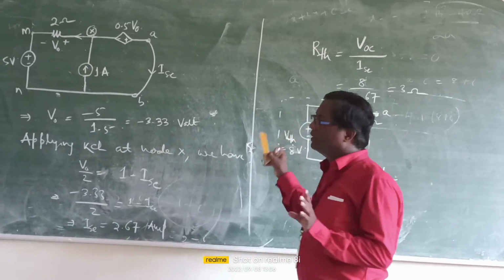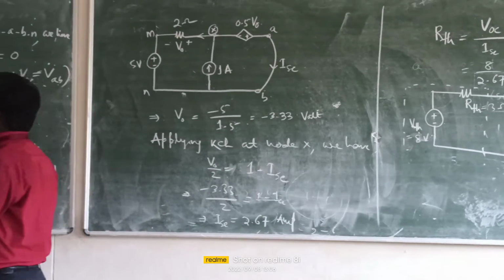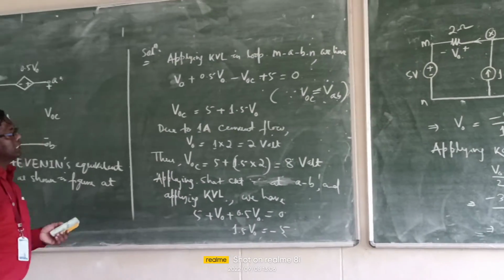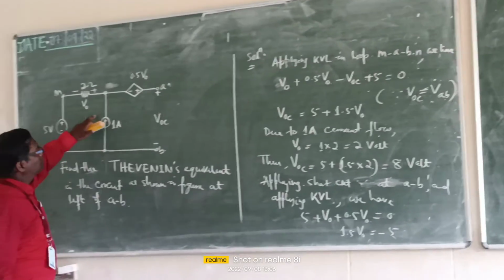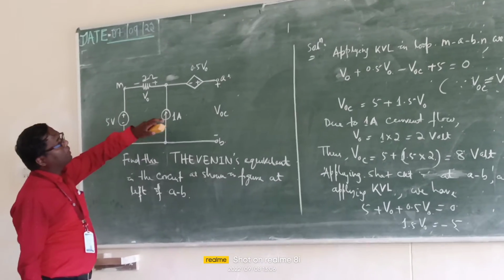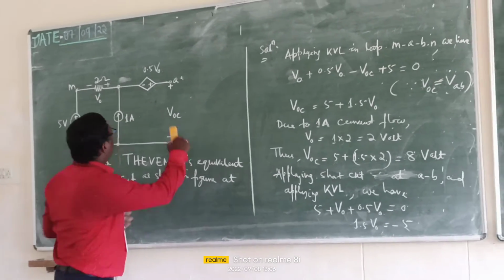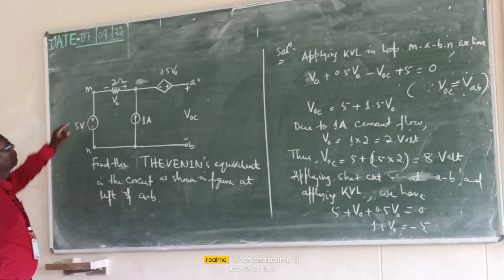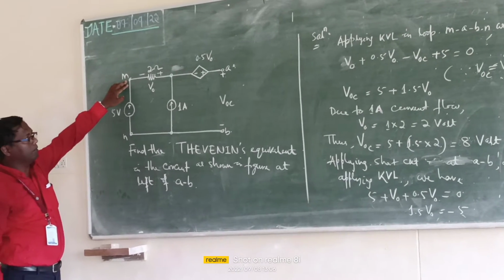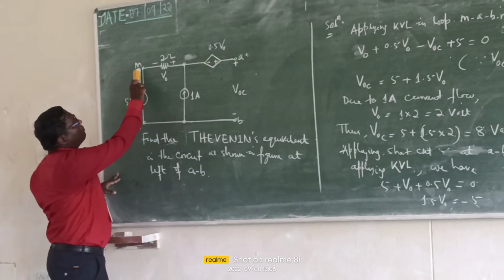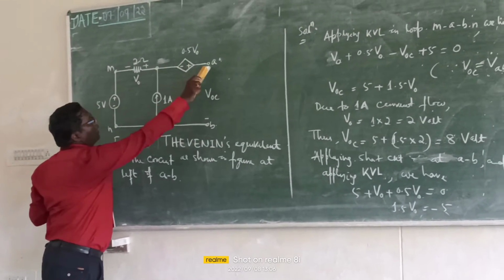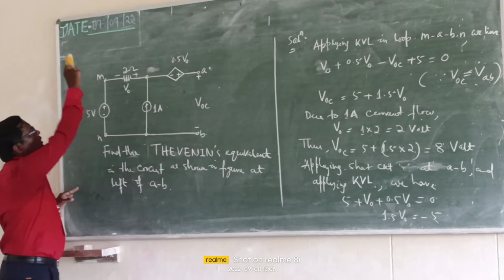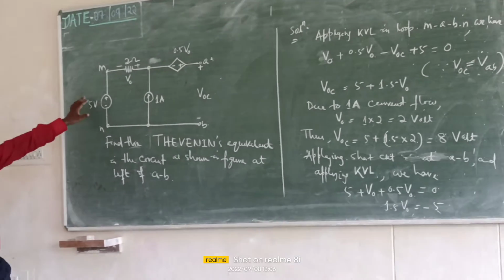So for this type of network, how to find it? Now you see, applying Kirchhoff's voltage law for the complete loop, M A B N, we move from M to A to B, B to N, and complete the loop.